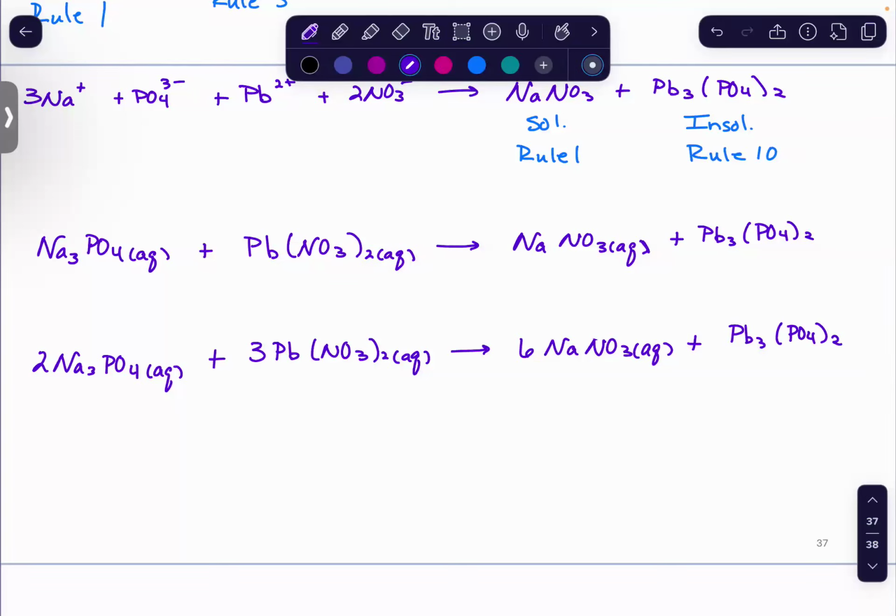And you need to get here because this is a stoichiometry calculation. You need these coefficients, and of course, that coefficient is a 1. Remember, those are your mole ratios. Okay, so now we're able to say what volume of the sodium phosphate am I going to need to completely react the lead 2 nitrate?